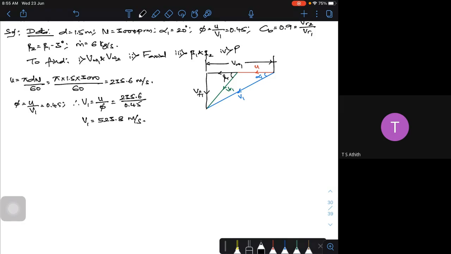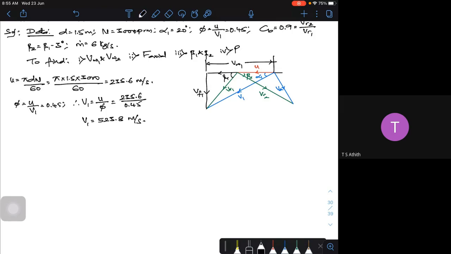Now, if I want to draw the outlet velocity triangle, this is what we will draw. Then from the trigonometry principle, we'll find each and everything. This is my beta 2, which is VR2. I'm not drawing to the scale, and approximate this thing. So this will be my V2.